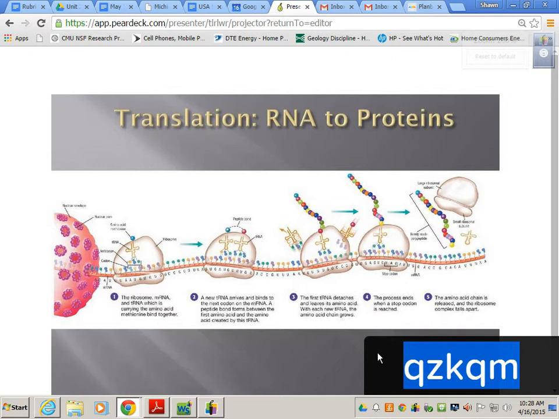So polypeptides do not immediately function. If they do function, they're a protein. So say this with me. All proteins are polypeptides, but not all polypeptides are proteins. So all proteins are polypeptides, but not all polypeptides are proteins.